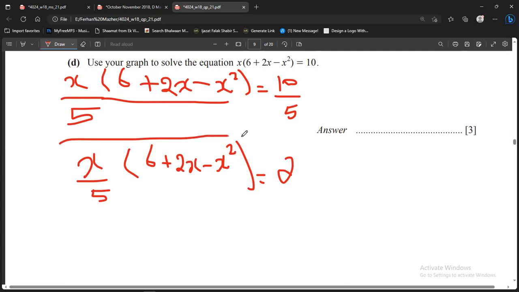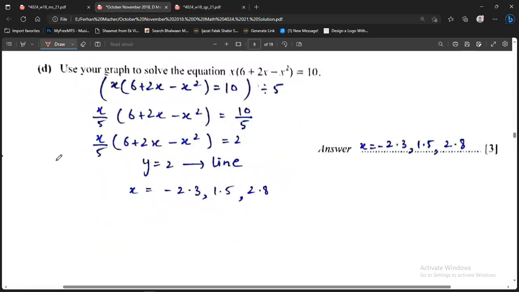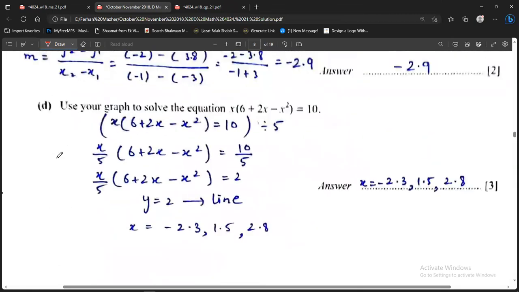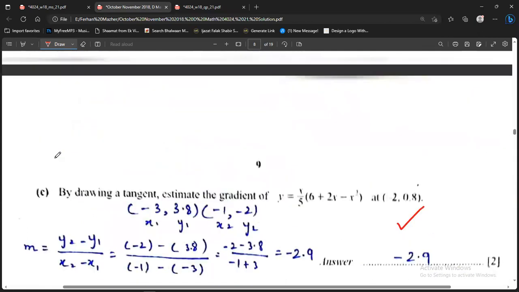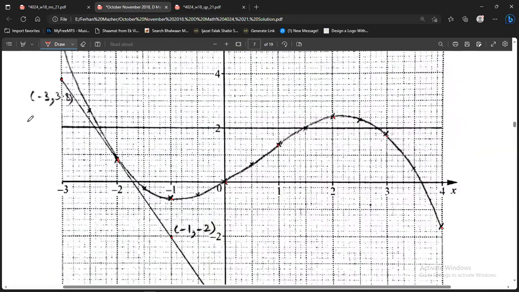So this is my curve, and this is y equals to 2. So on the graph, you will have to draw this line, okay? So we will draw that line y equals to 2 on the graph. So you can see this is that line y equals to 2.